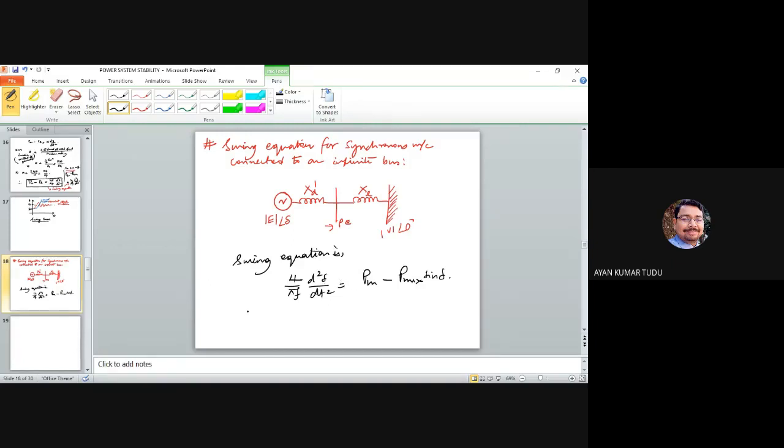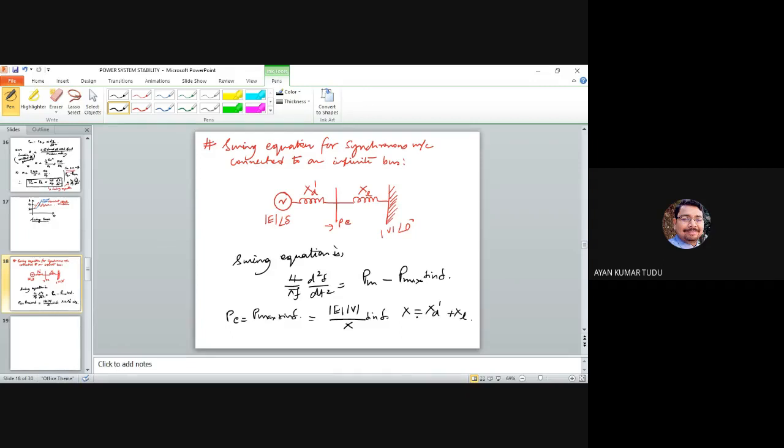What is this Pmax sine delta? It is nothing but our Pe, which we can write as mod E into mod V by X into sine delta. We write this term as our Pmax, where X equals Xd prime plus XL, as you can see from the figure. Xd prime because we are considering transient reactances.